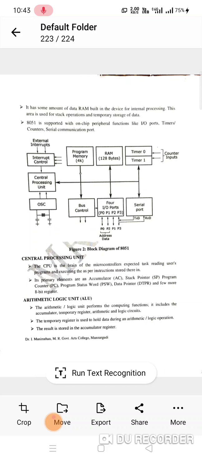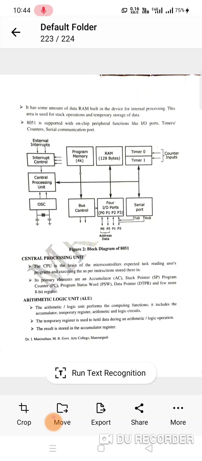There is the interrupt controller, central processing unit, oscillator circuit, external interrupts, program memory that is 4K, RAM 128 byte, and the timers. There are two timers, timer 0 and timer 1, which contain counter inputs, and control bus, 4 IO ports: port 0, port 1, port 2, port 3, each has 8 bits, that is 1 byte.